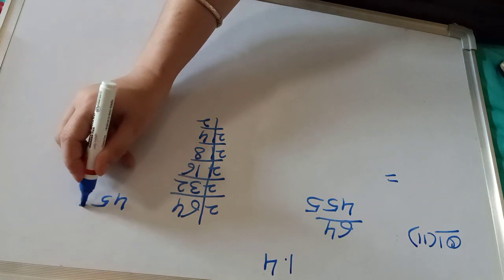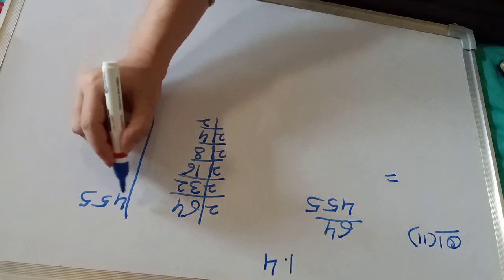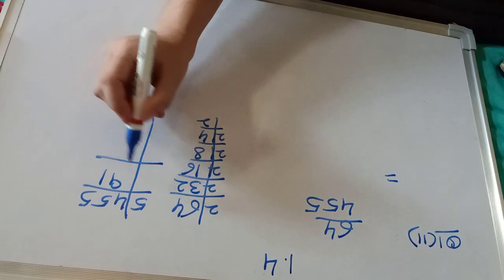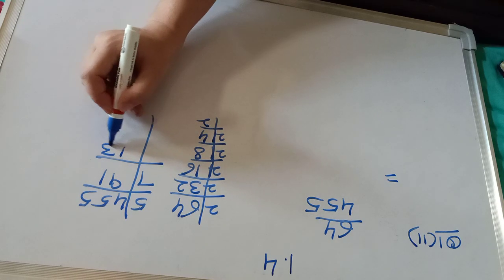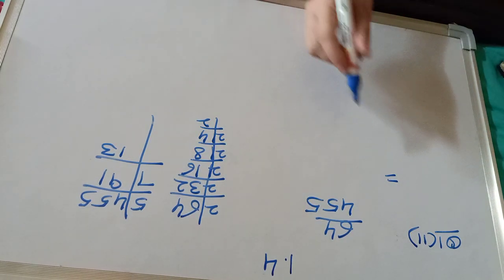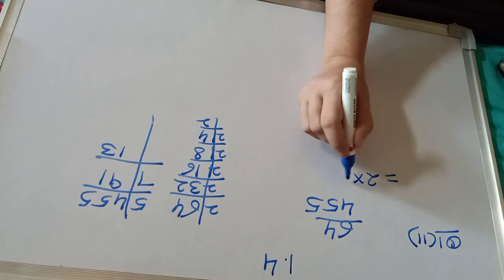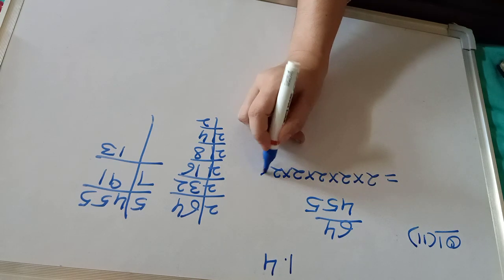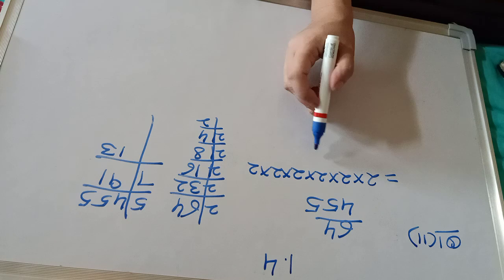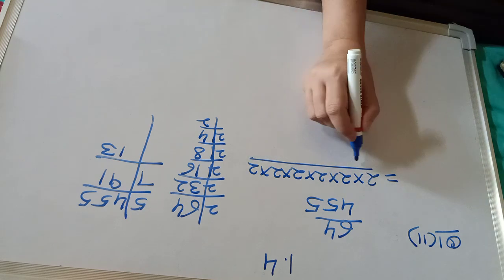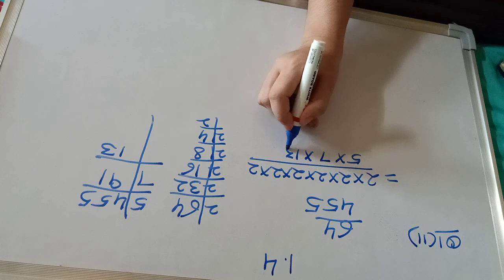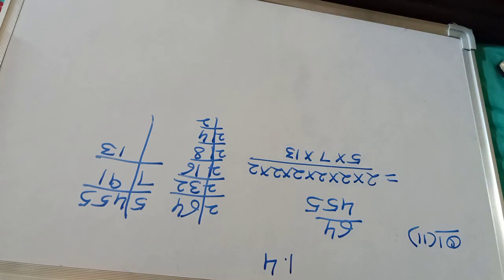Then go for 455: with 5, 5 91s are, 7 and 13. So it is 2 into 2 into 2 into 2 into 2 into 2, I need to write 2 six times. Then 5, 7 and 13.